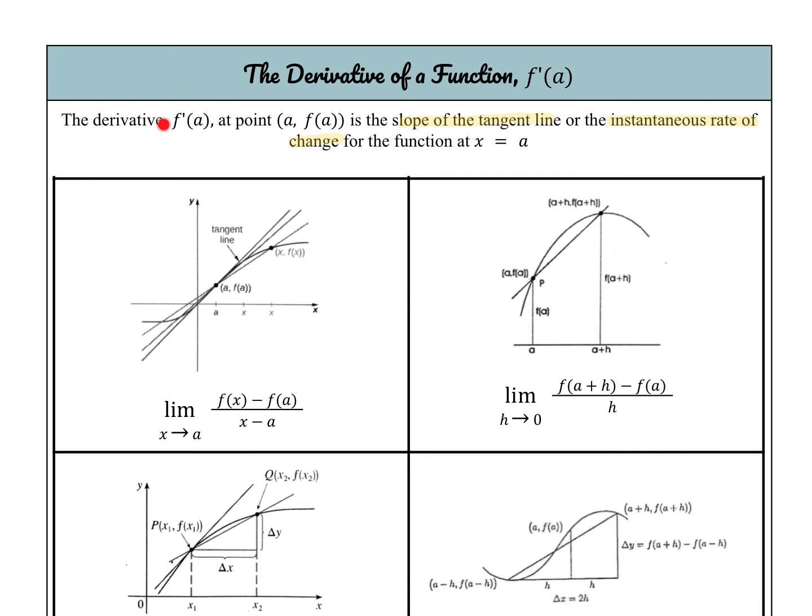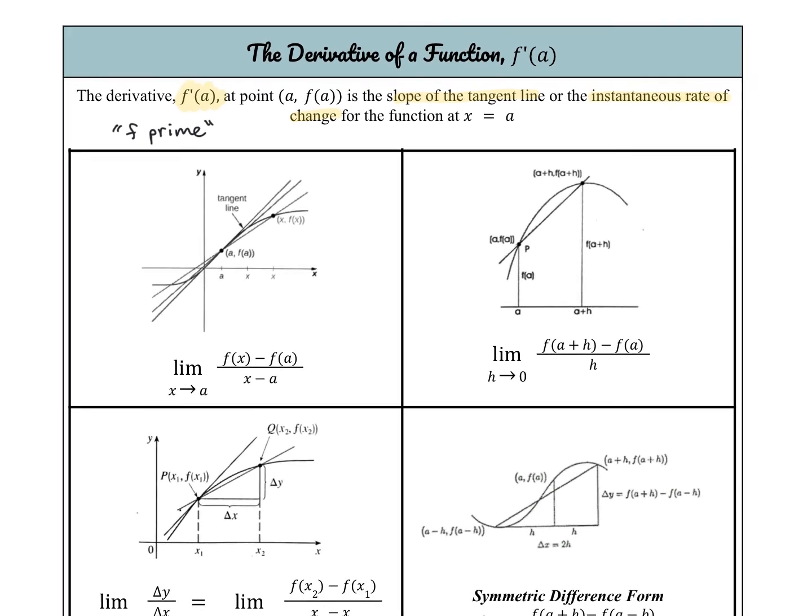We can denote the derivative with this symbol right here. We read this as f prime. So f prime of a is just the derivative at the point when x equals a. All the stuff you've been doing, you have just been finding the derivative of our function.